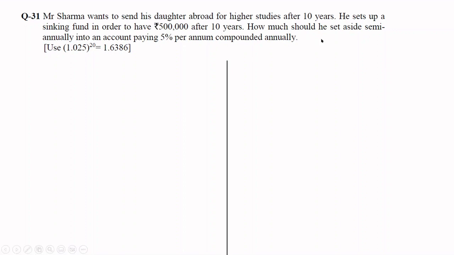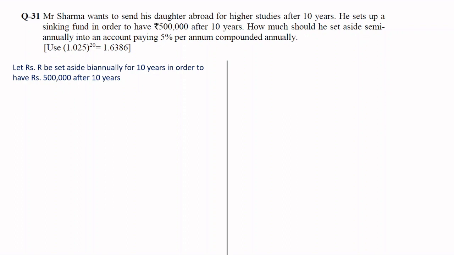We have to find how much he should set aside semi-annually, where the rate of interest is 5% per annum, compounded annually. So let us take, let rupees R be set aside biannually for 10 years in order to have rupees 5 lakhs after 10 years.